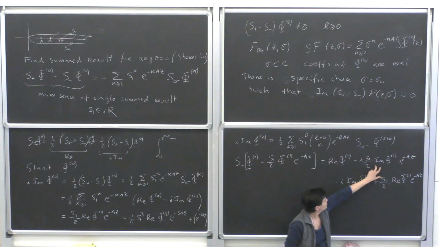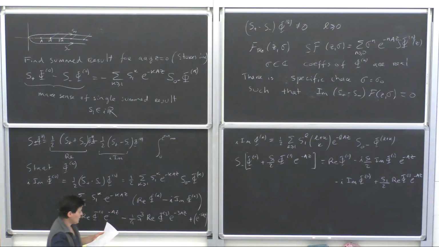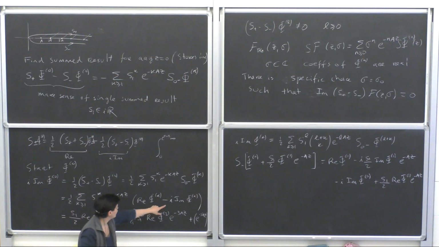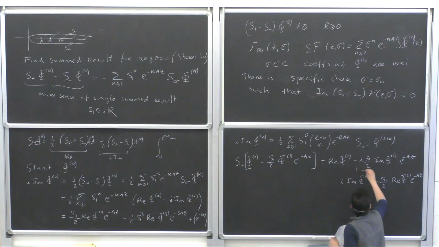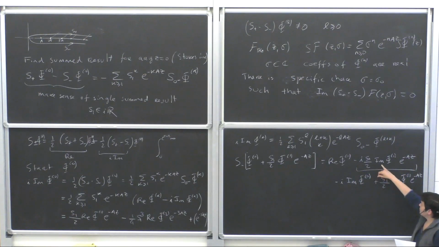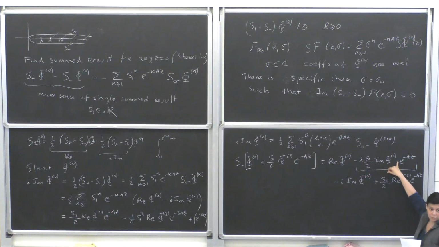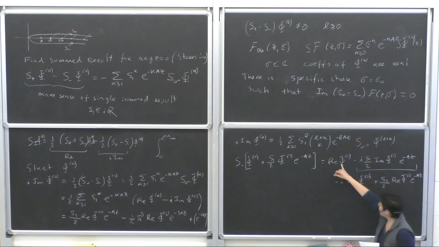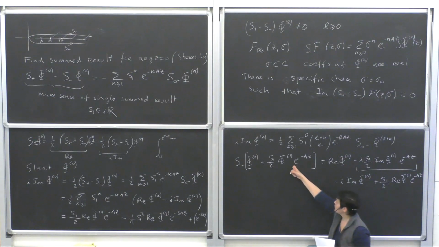This term here comes from expanding, but you have to say that here, because it's i imaginary of phi 1, what I have here is real. Because S1 is imaginary, i is imaginary, so this term is actually real. So I have this, and then I've added this term, because that's what comes from here.